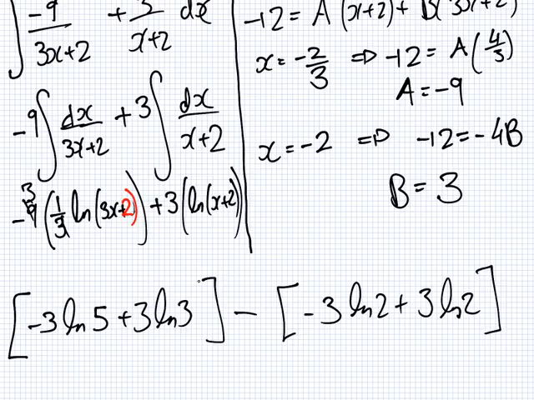I put in the 1 and then the 0. Is that right? 3, 5, 3, 2, 2. So that's nice, they cancel.